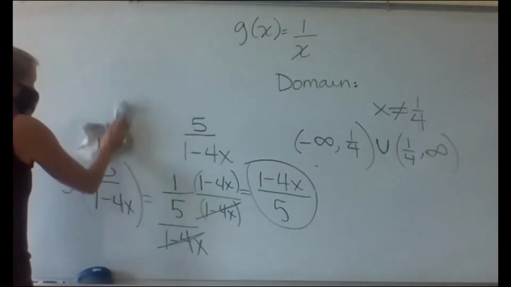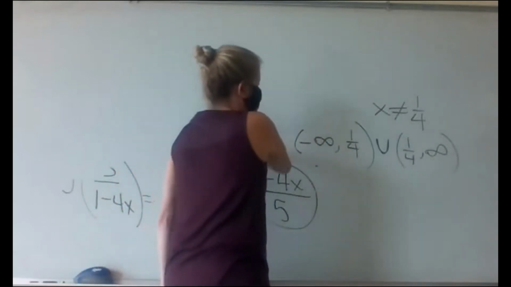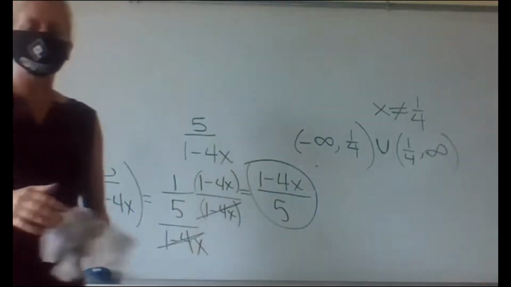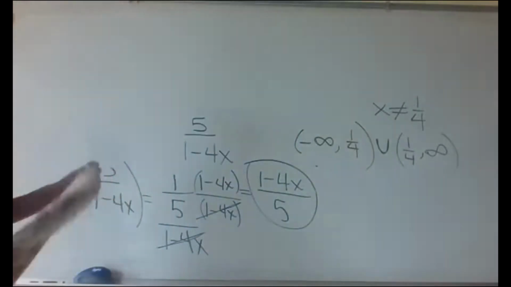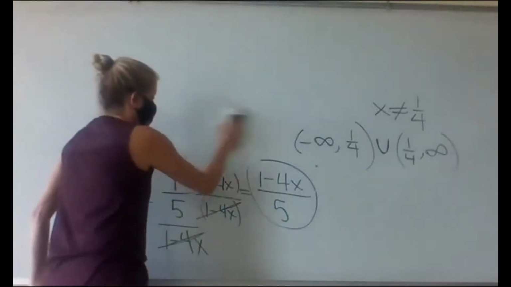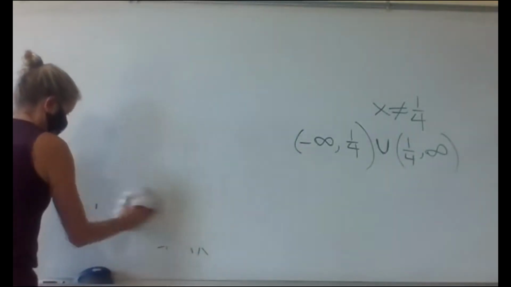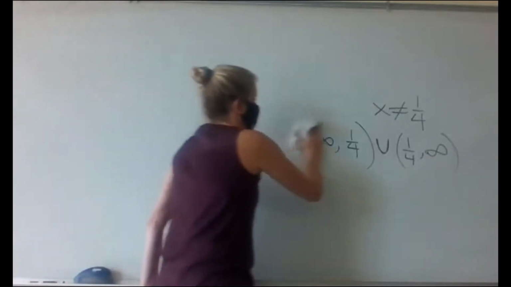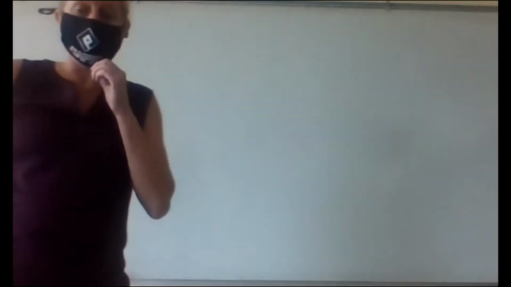9.2 is talking about the inverse of functions. The inverse of functions simply means to invert x and y on certain functions. So on number 1, it's just going to give you a group of points.